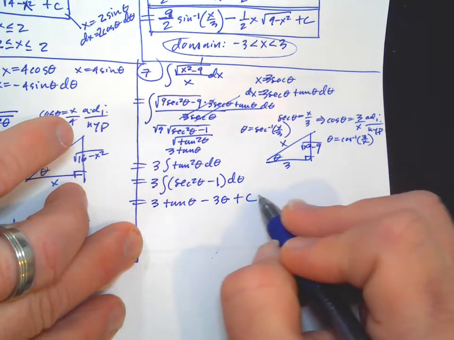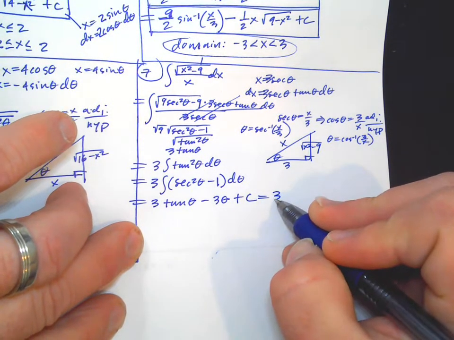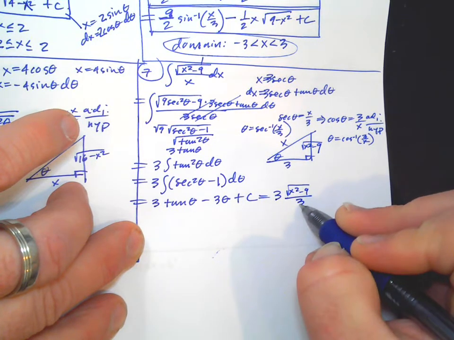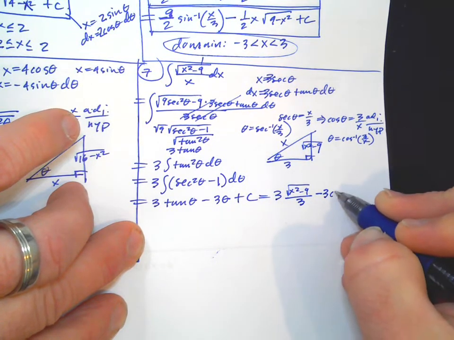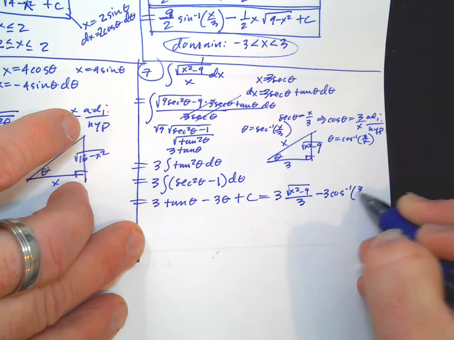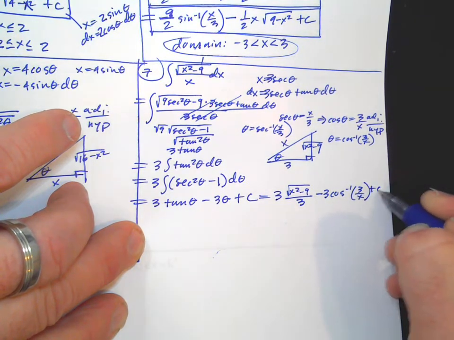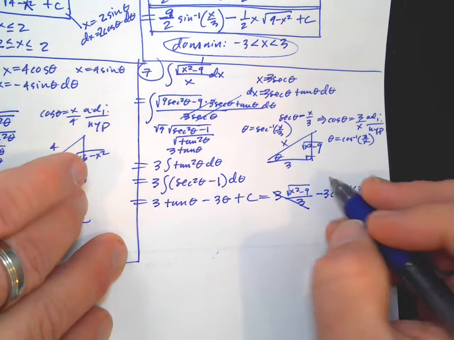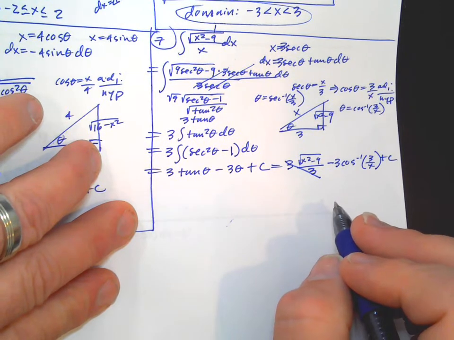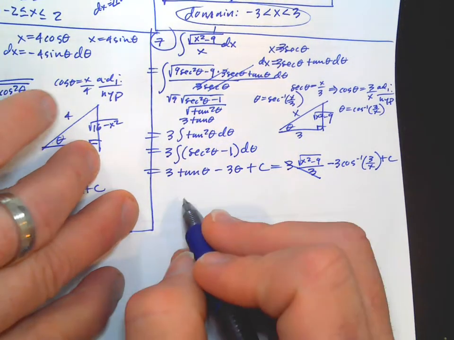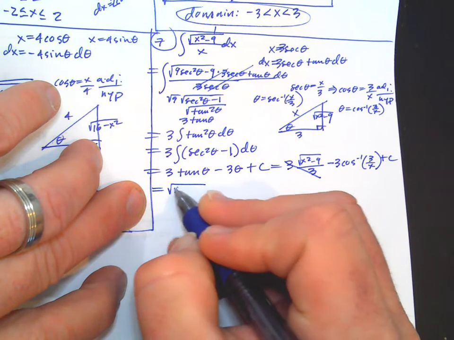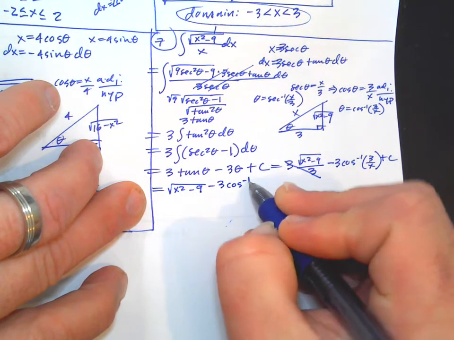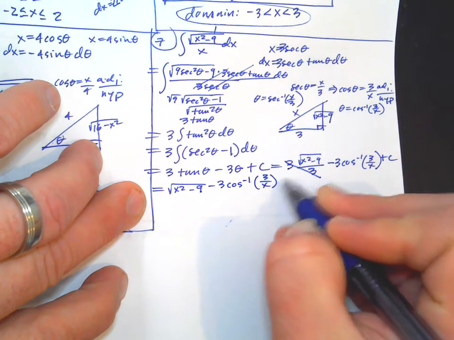So when I plug it back in here, I get 3, and tangent's going to be opposite over adjacent. And then I could use this one or the other one. And yeah, these 3's cancel. The answer I get doing it this way is the square root of x squared minus 9 minus 3 inverse cosine of 3 over x plus c.